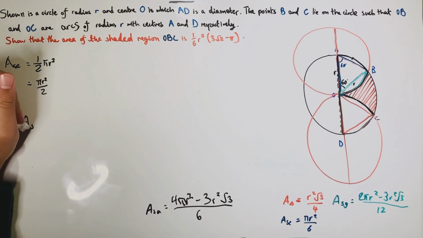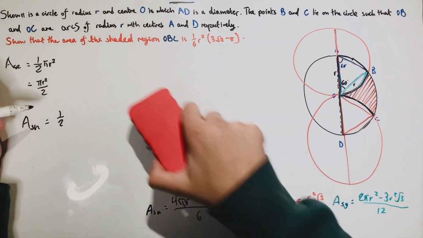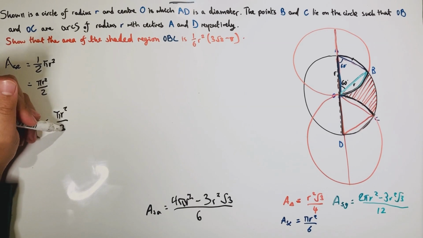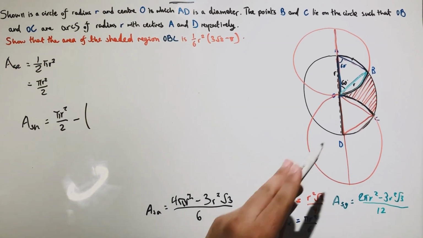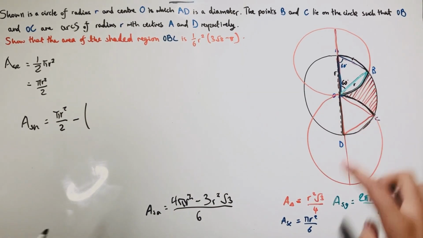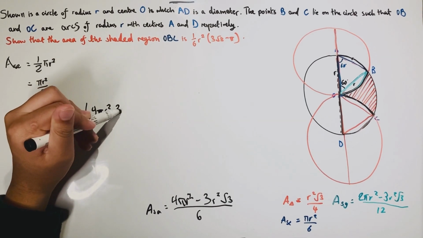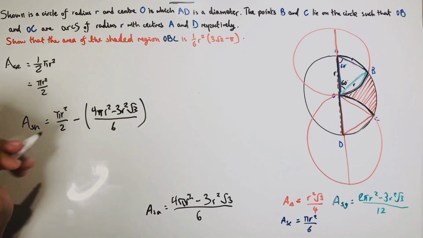So the area of the shaded region is going to be half pi r, sorry, we established that we're going to write it as pi r squared over 2 minus, let's do it all in brackets, the area of the 2 regions we did over here. So that's going to be 4 pi r squared minus 3 r squared root 3 over 6, like so.